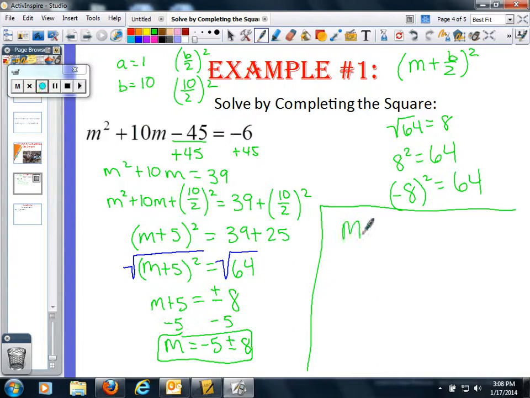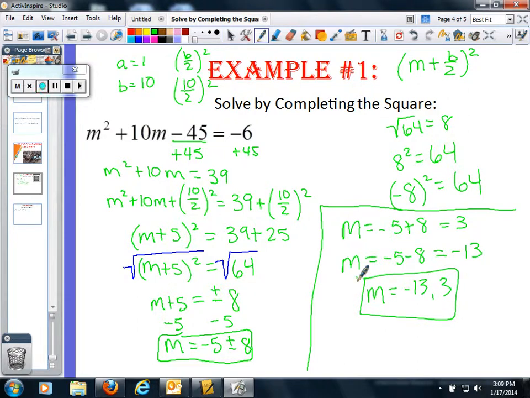That means that m equals negative 5 plus 8, which is going to be 3. And it also means that m equals negative 5 minus 8, which is going to be negative 13. So my answer then is m equals negative 13, comma 3. Or you can write m equals negative 13 or m equals 3, or however you want to do it. But this is how you solve by completing the square.